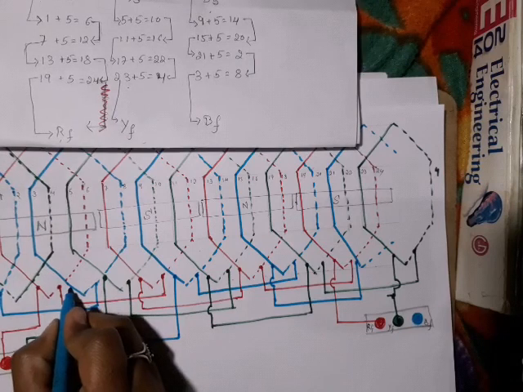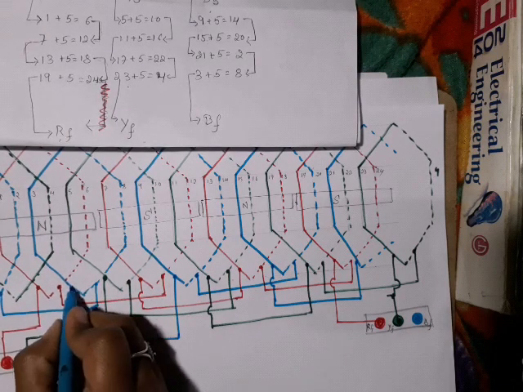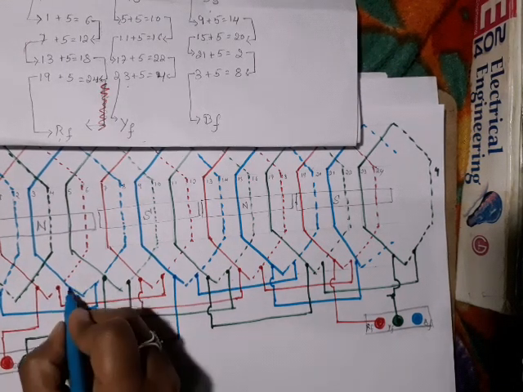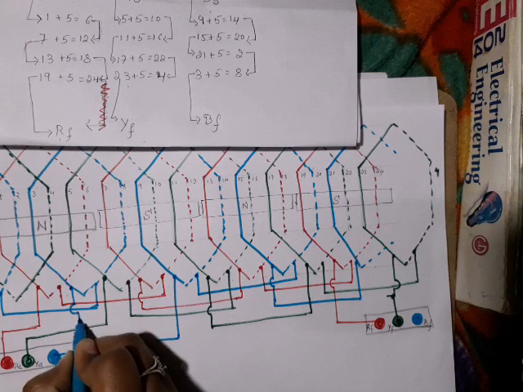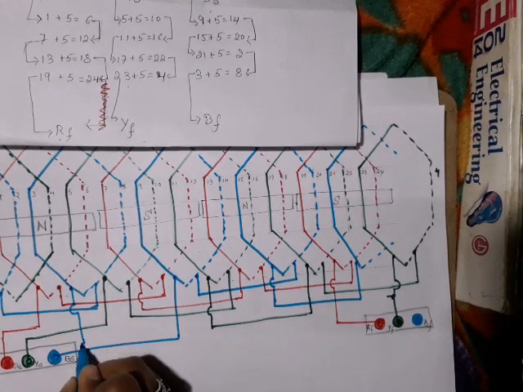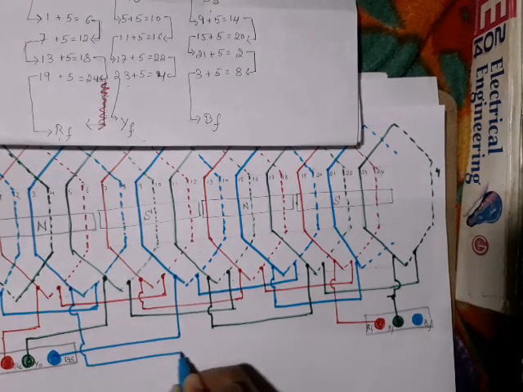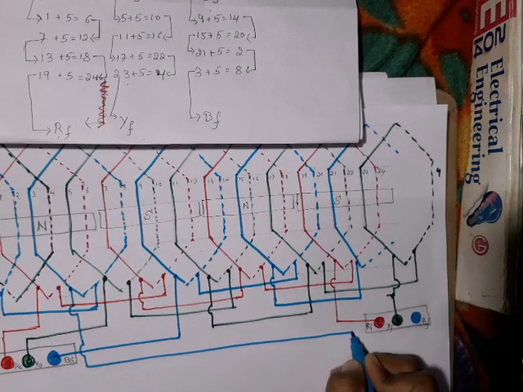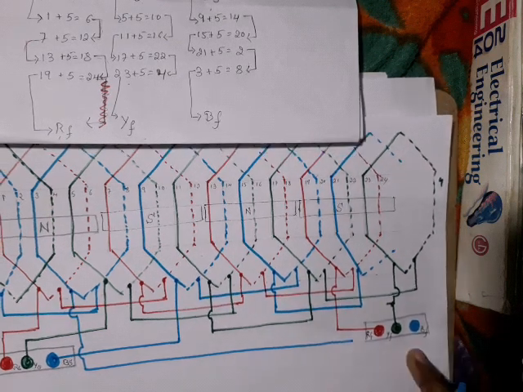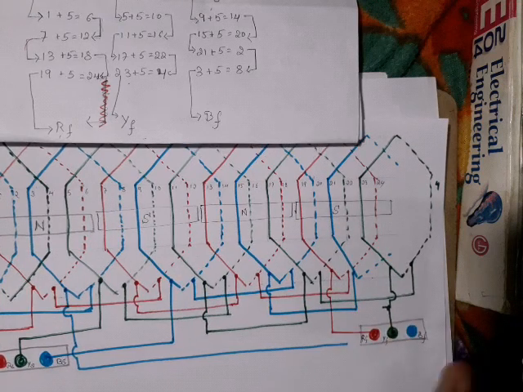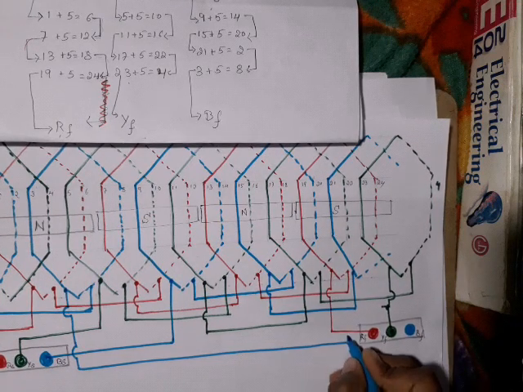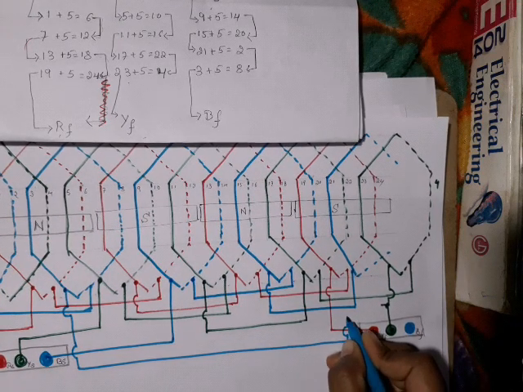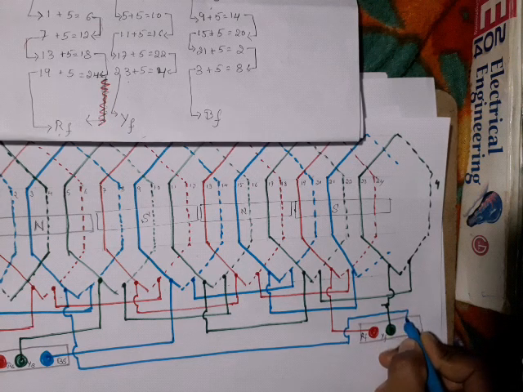Coil number 3 is connected to BF. So we need to use 2 jumps, I think. Yes. Don't take it under this one. I'll tell you why.